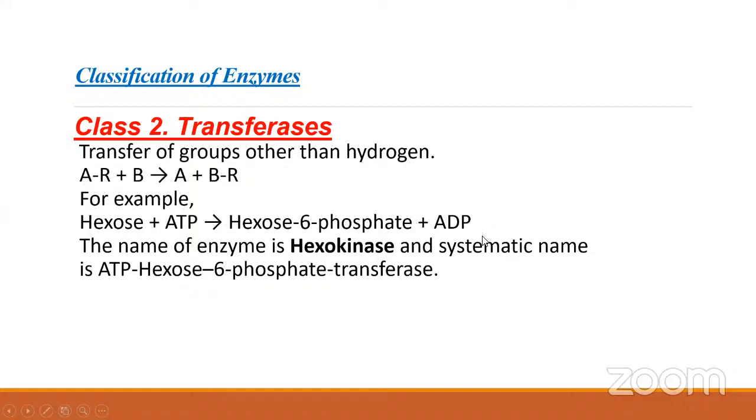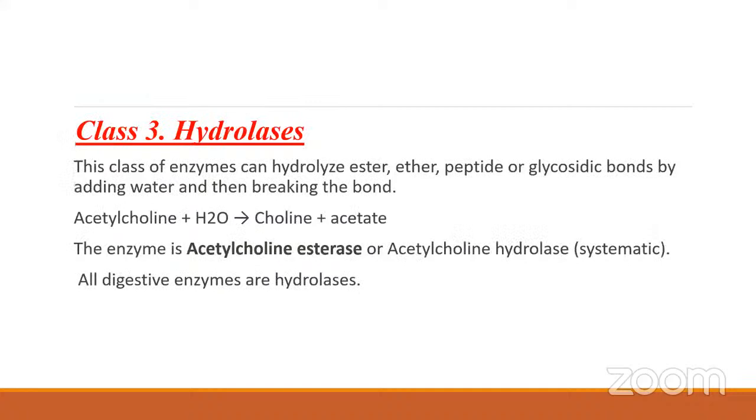The enzyme is hexokinase. So transferases transfer groups other than hydrogen. Oxidoreductases you know now; class 2 is transferases. You can write any example, this is not the only enzyme where transfer takes place, but it should be under the correct class.